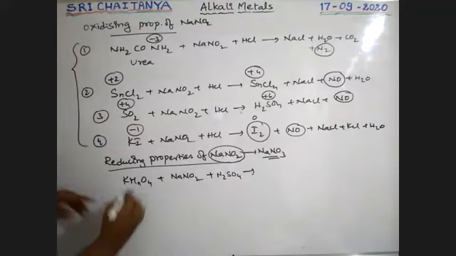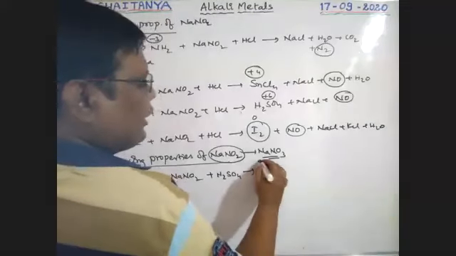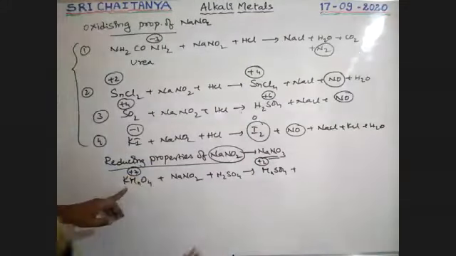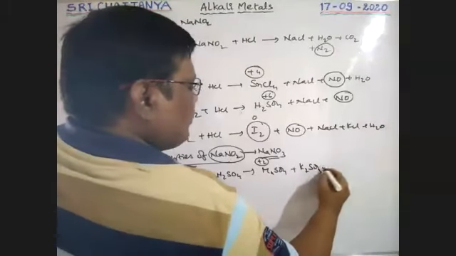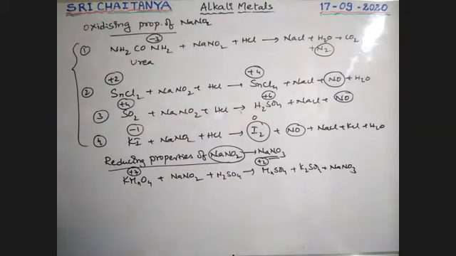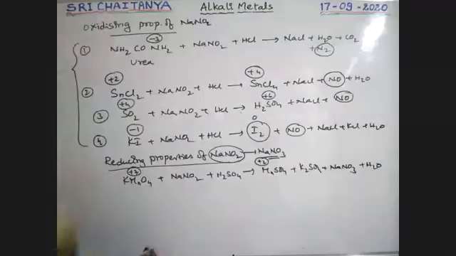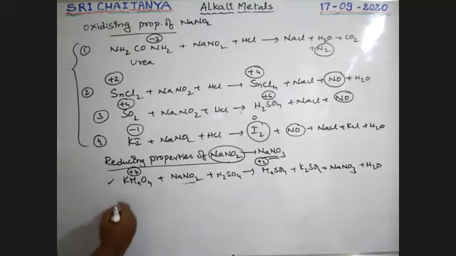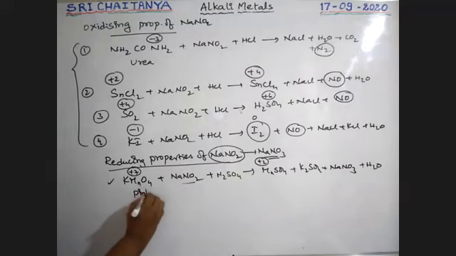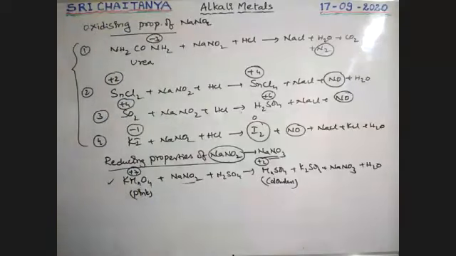Manganese is in the +7 oxidation state and converts into MnSO4, where manganese is +2, plus K2SO4, NaNO3 and H2O. So +7 changes to +2, which is reduction. A pink colored substance changes to colorless. This is a reducing property of NaNO2.